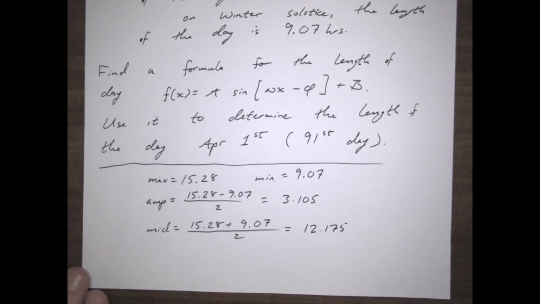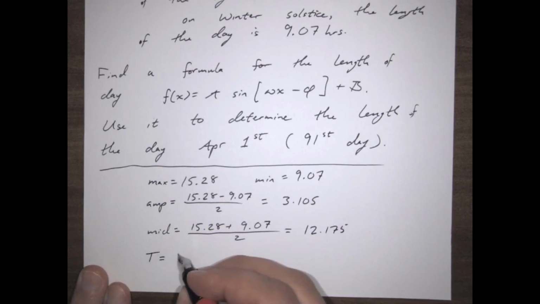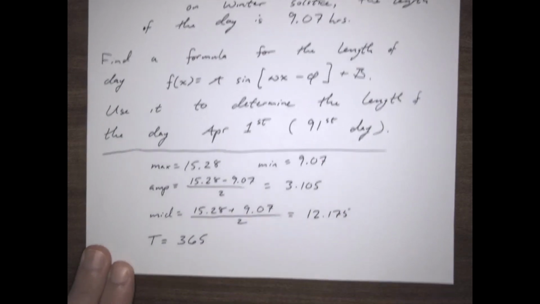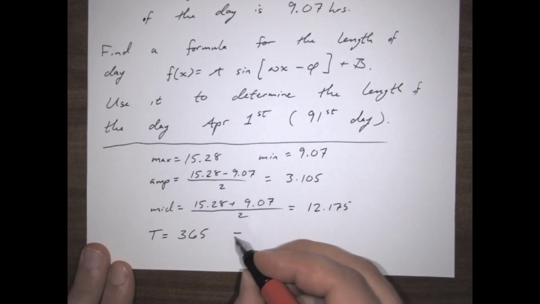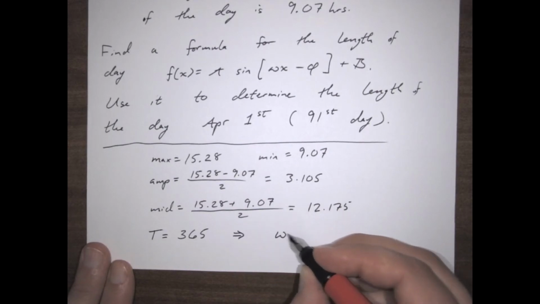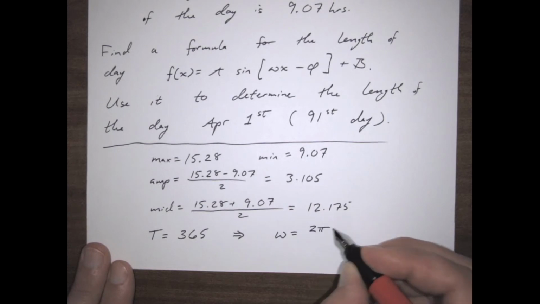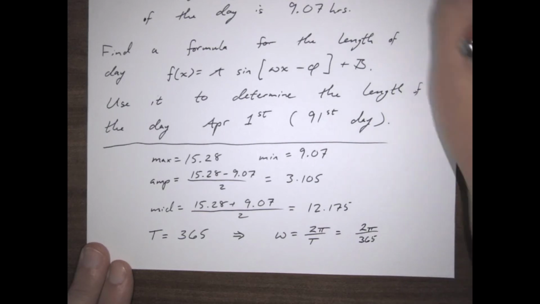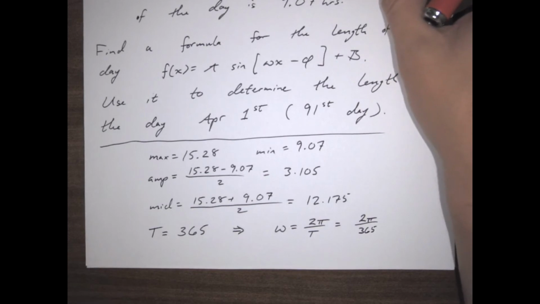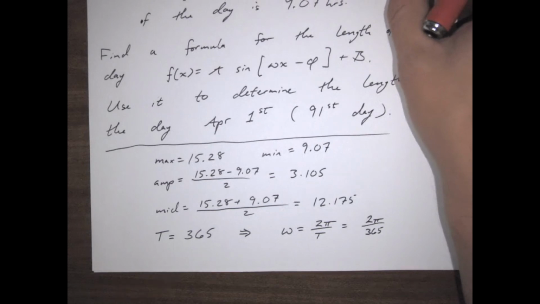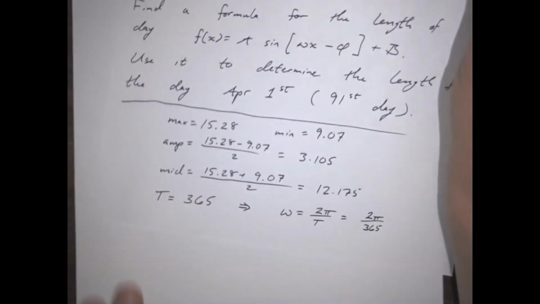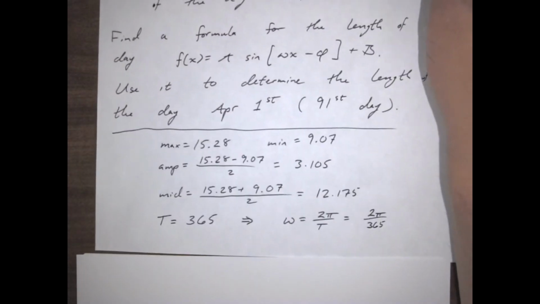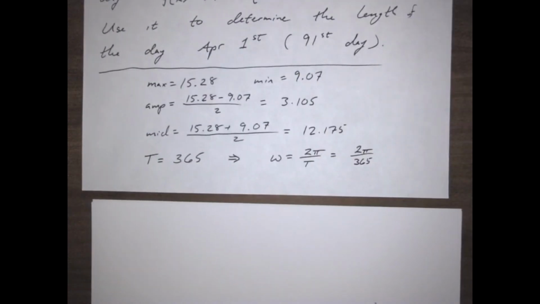Okay, now let's think. Also, the period is 365, which implies that omega, which is 2 pi over the period, is 2 pi over 365. We can just leave it like that. Okay, that's a lot of it. What do we still need? We still need the phase shift, and then from that we can get the phi.